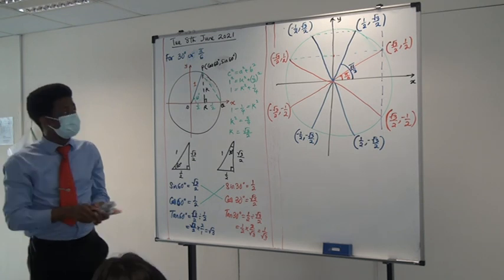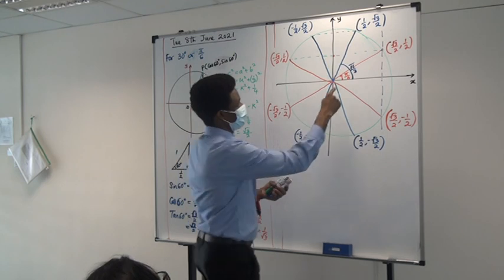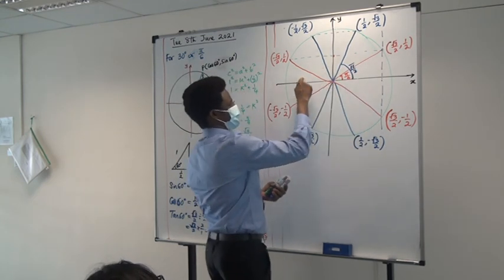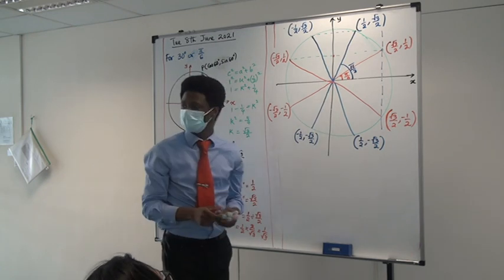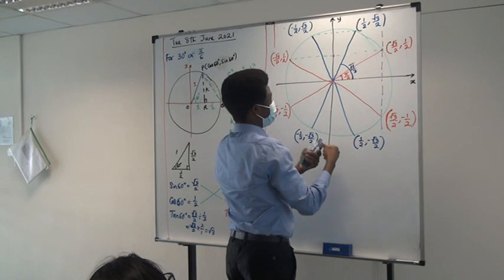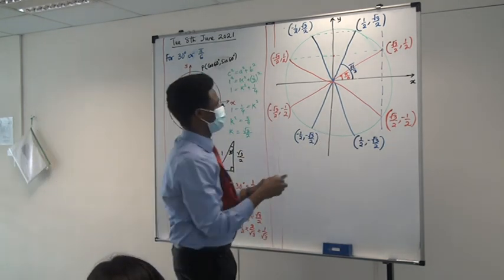Okay? Now what are these angles? These are multiples of 30, right? The first one is pi over 6. So in each of these, you have plus pi over 6. Understand? I think in the paper it's clear. Okay, good.